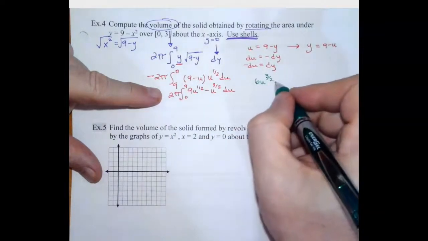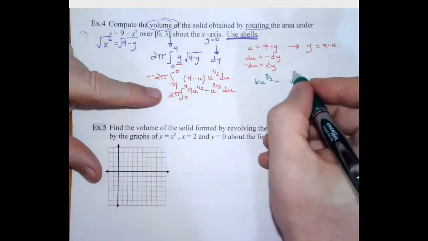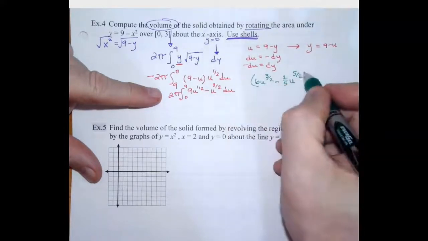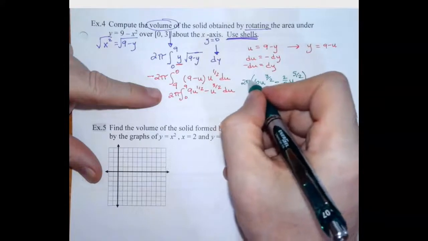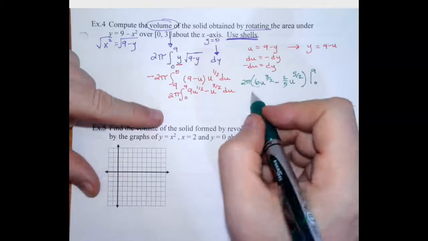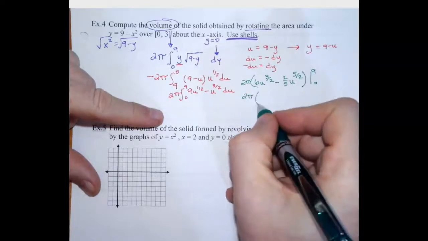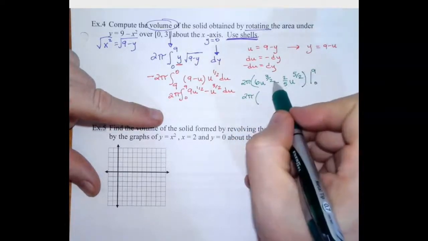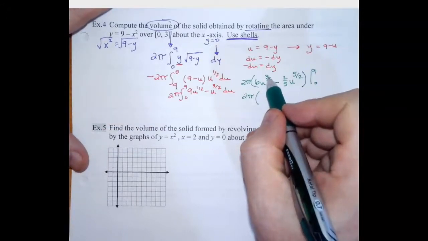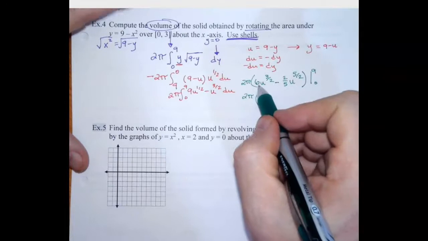And then here, that's going to be 5/2 and 2/5. And all of that is times 2 pi, and that needs to go from 0 to 9. Okay, so we're going to have 2 pi. If we plug 9 in here, we have the square root of 9, which is 3, and 3 cubed is 27.